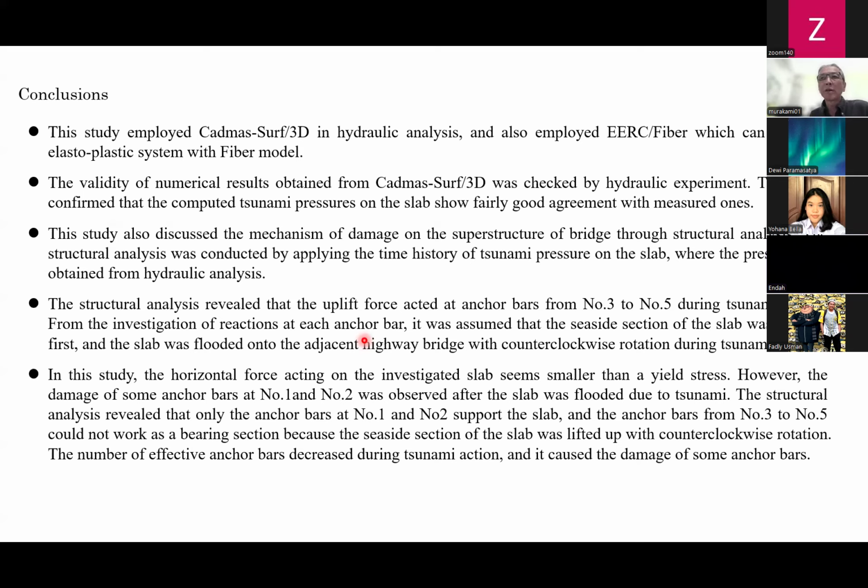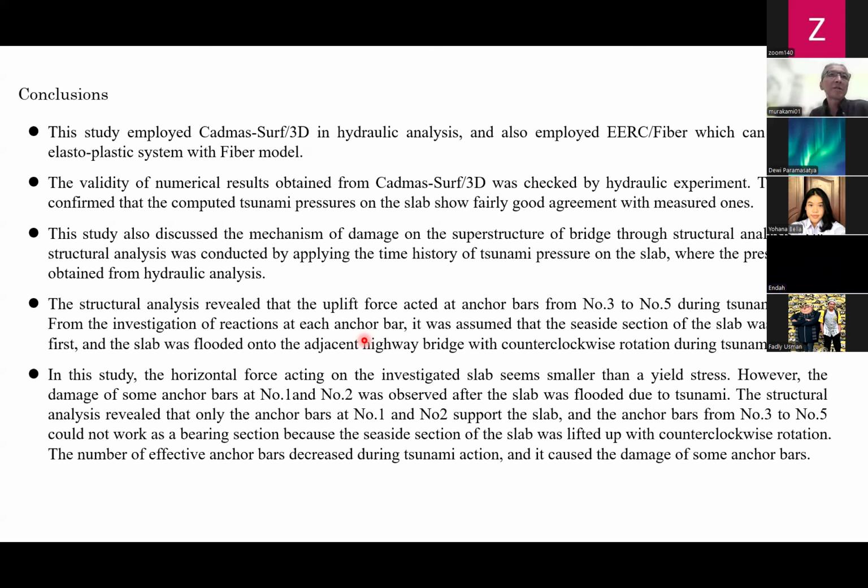We combined the hydrodynamic computation with structural analysis. Using only CADMAS-SURF, you can get the tsunami propagation. But CADMAS-SURF also provides you much information: wave pressures and changes of the water surface elevation.